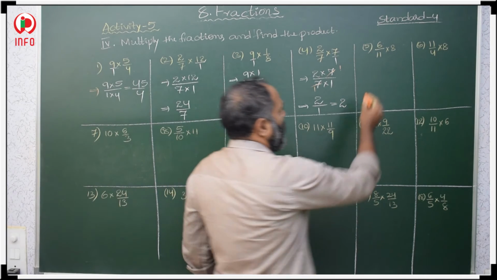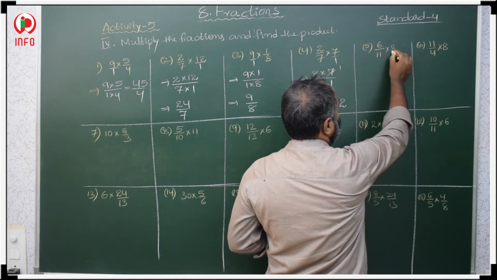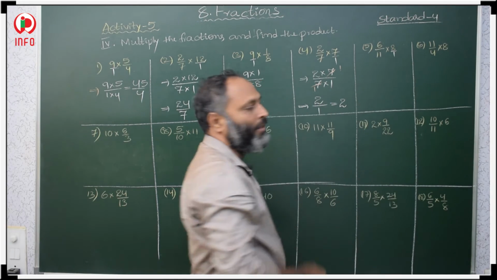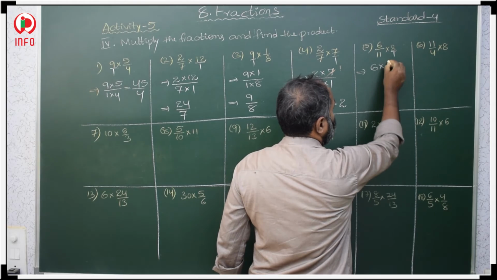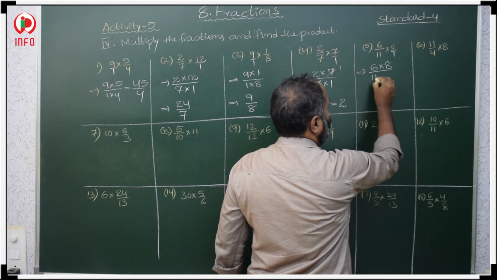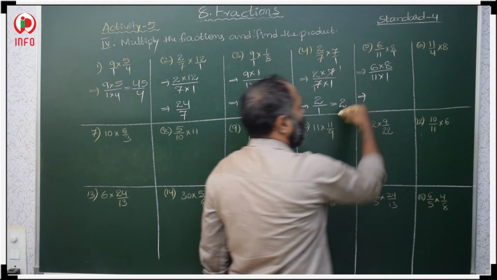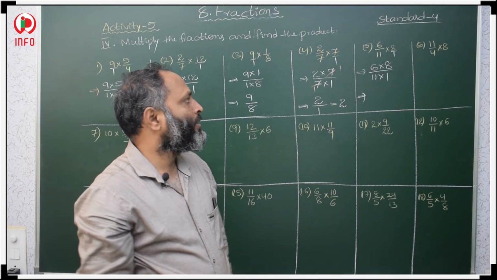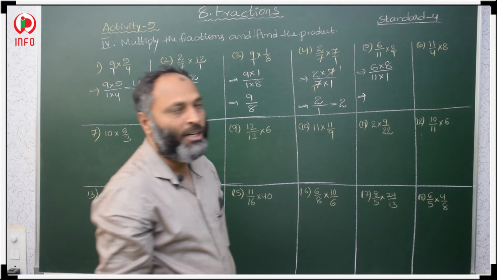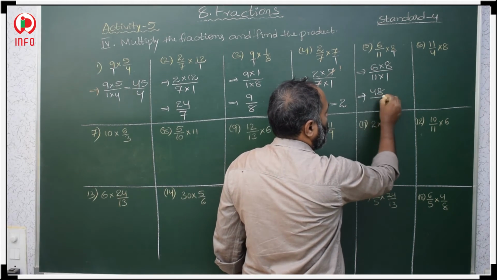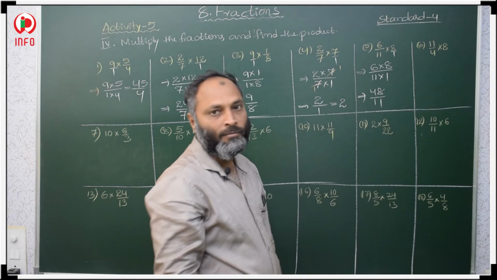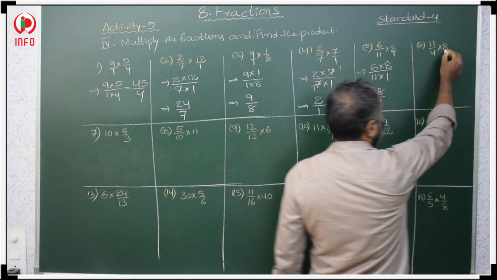Then after that 8 by 1. Now numerator with numerator. 6 into 8 by 11 into 1. Now, so there is no common factor, so multiply numerator with numerator. 6 8s are 48, 11 1s are 11. Now 8 by 1.